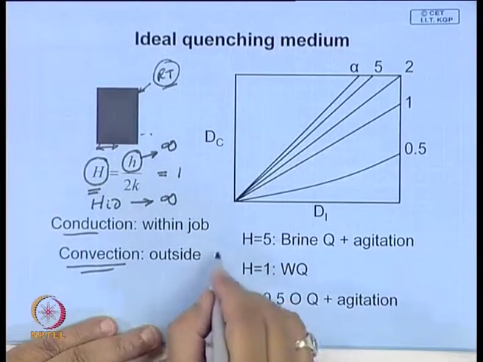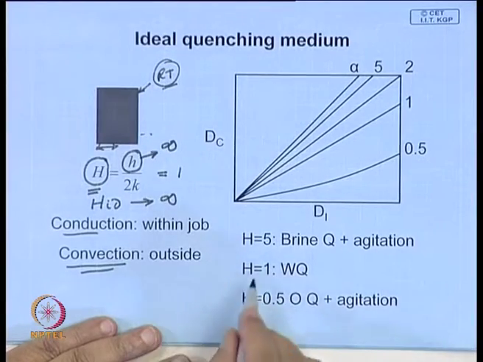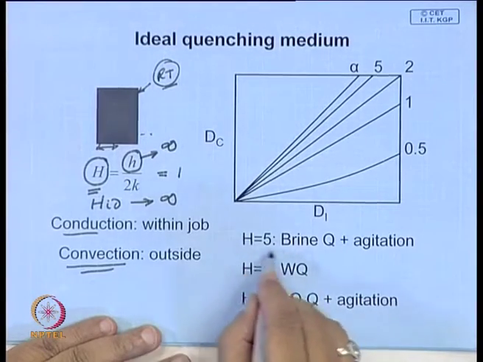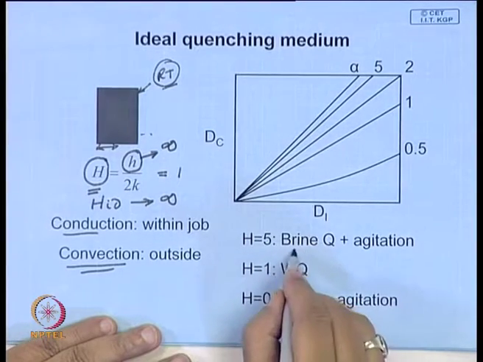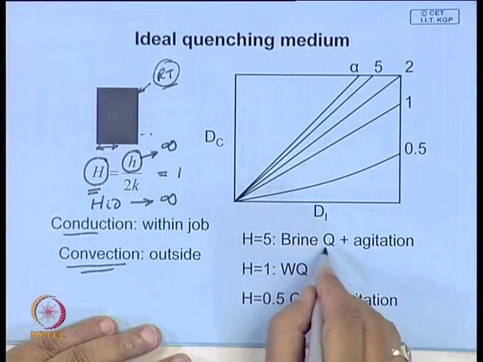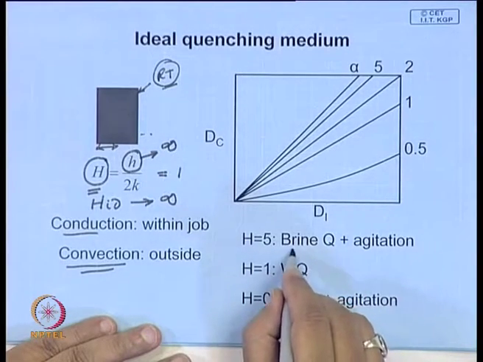Then people have done actual experimental measurements to find out the values. Like in a brine quench, if you put some salt in water, then the quenching rate becomes much faster.